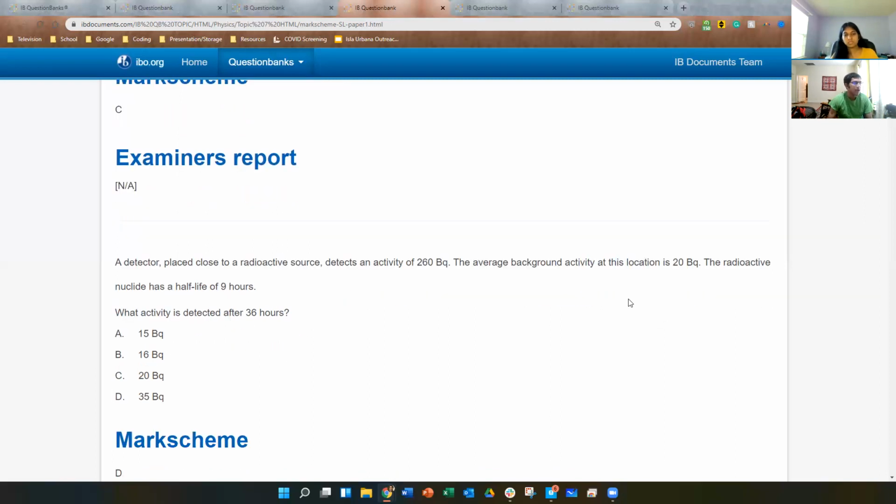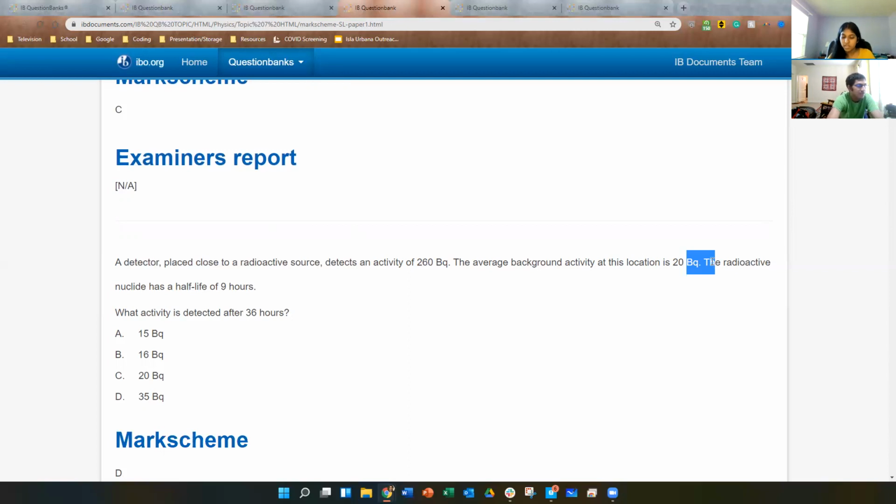It's a D. I think you have to take the background into account. I haven't seen problems like this. I don't know what average background means. That's like the background, so maybe you have to subtract that from the normal one first. Do you do 260 minus 20 first? It says it detects an activity, so yeah, that makes more sense.